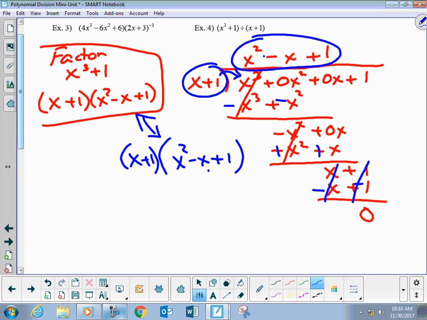What do you see? Okay, so factoring was division. You divided by this to get this. That's what factoring is all about. It's division. That's why it's going to be a tool that we're going to use when we come back after the first of the year.